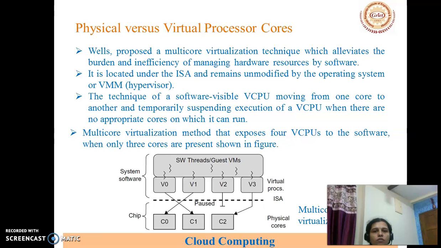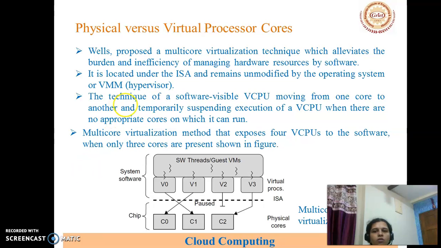The technique involves a software-visible vCPU moving from one core to another, and temporarily suspending execution of a vCPU when there are no appropriate cores on which it can run. This multi-core virtualization method exposes four vCPUs to the software when only three cores are present, as shown in the figure.